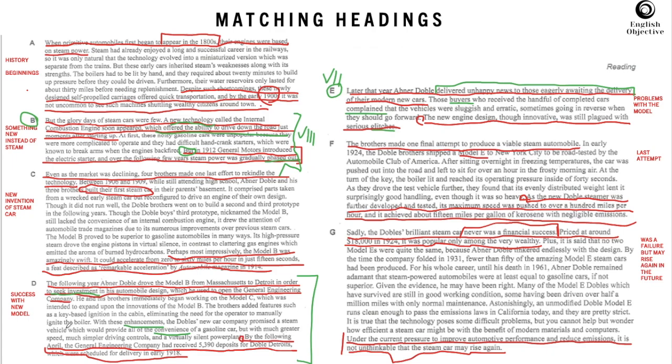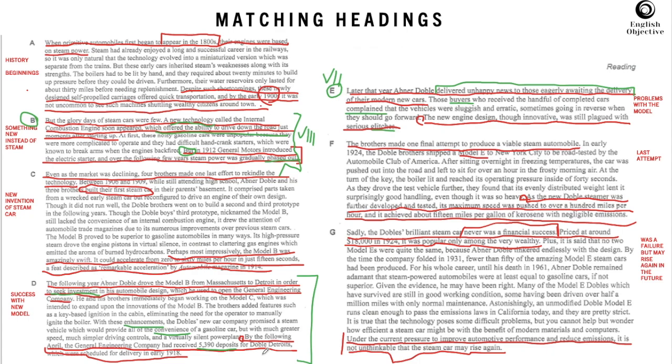Okay, by the following April, General Engineering Company received these deposits, which were scheduled for delivery in early 1918.